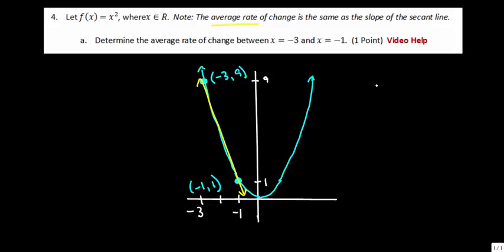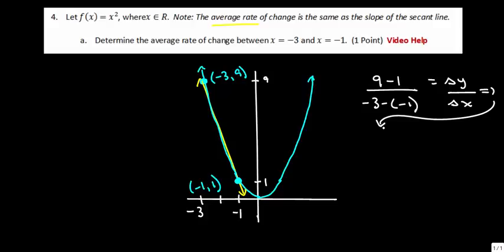We're just going to take the difference in the y values. So we'll do 9 minus 1. Remember, that's our change in our y values. And we're going to divide that by our change in our x values. If I go 9 minus 1, then I have to go -3 minus -1. Let's just write it like this, with an arrow there, meaning that we're going to come down over here.